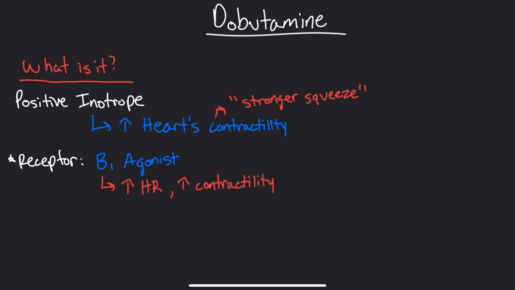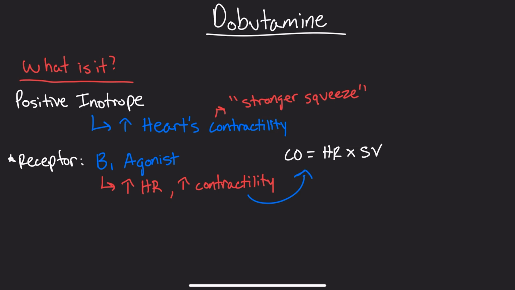If you remember, cardiac output is going to equal heart rate times stroke volume. So by increasing your heart rate and the contractility, which is going to increase the stroke volume, better ejection of blood, that's how you will get your improved cardiac output there.